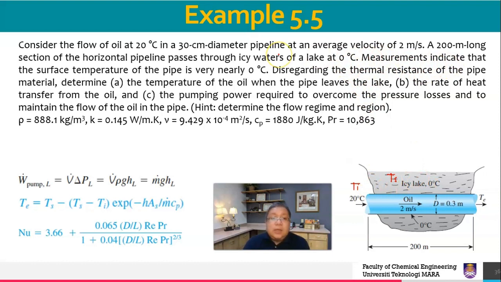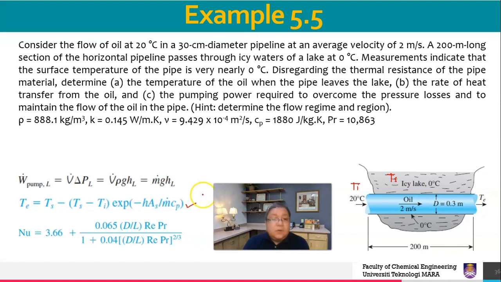And measurement indicates that the surface temperature is nearly 0, disregarding the resistance of the pipe, and determine the temperature of the oil when the pipe leaves the lake. So you know the Ti, you know the Ts, so you can use this equation. Okay.